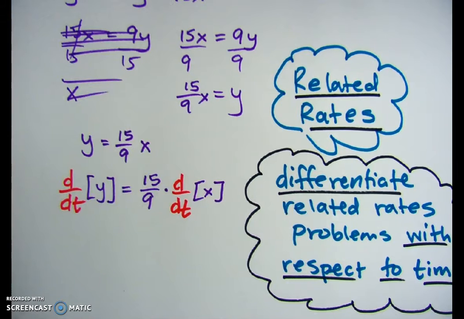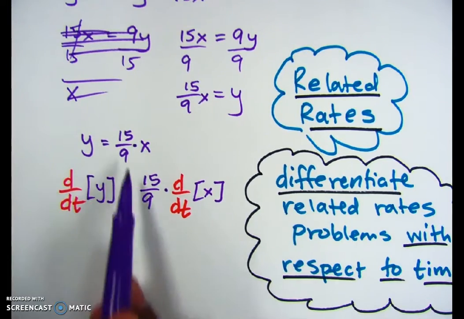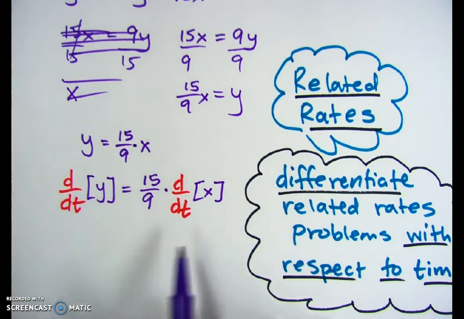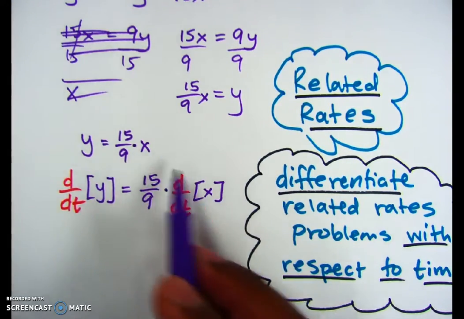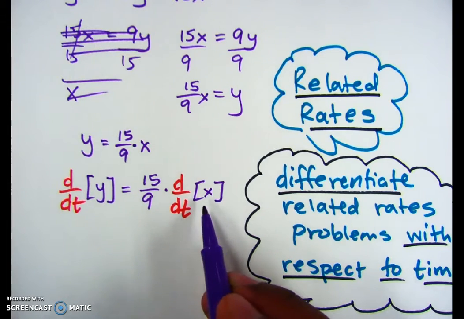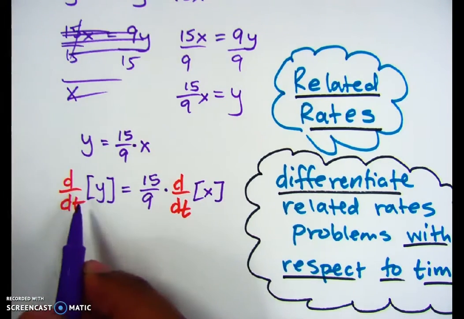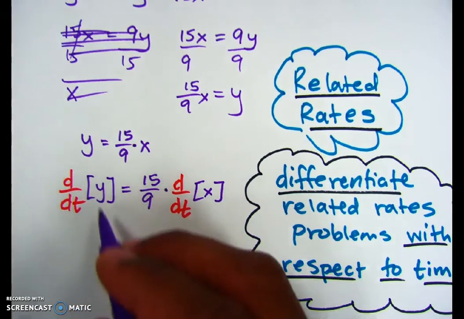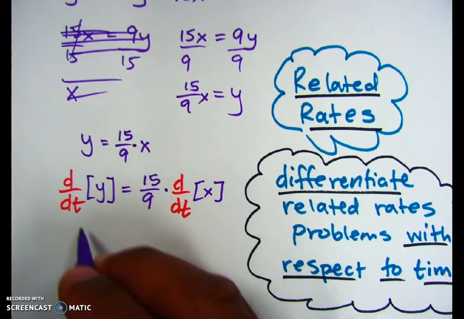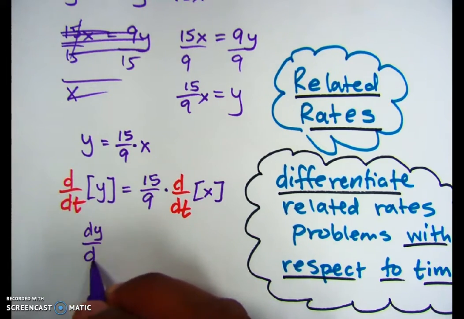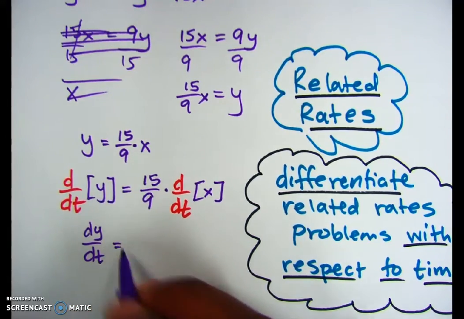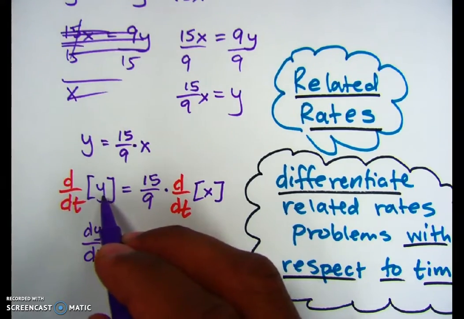And don't forget that 15 over 9 is just a constant being multiplied to that function x. The derivative of y is just 1 times dy dt, because it's the variable y with respect to time.